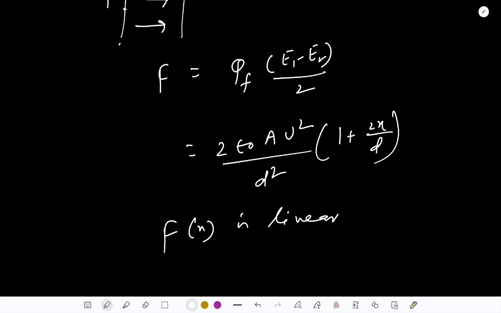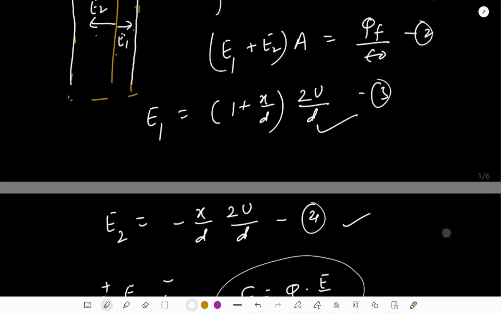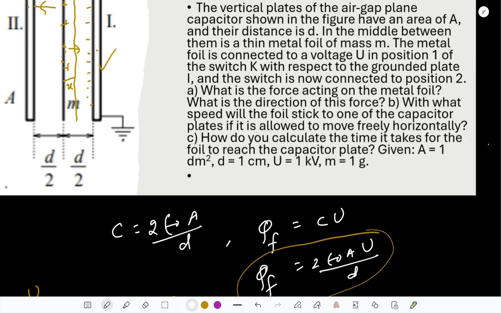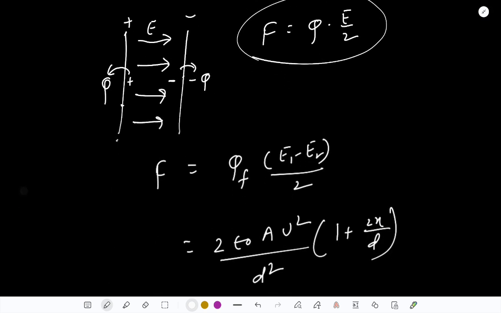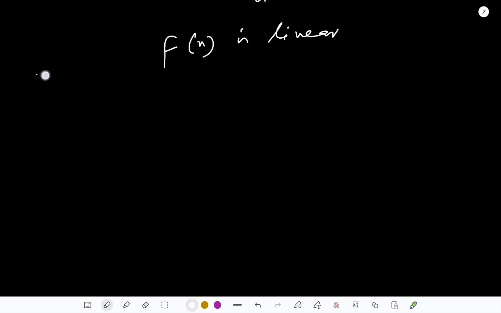And so the first part is now calculated, and the second part of the problem, we needed to find with what speed will the foil stick to one of the capacitor plates if it is allowed to move freely horizontally. That was the second part, and we are now moving to solve it.